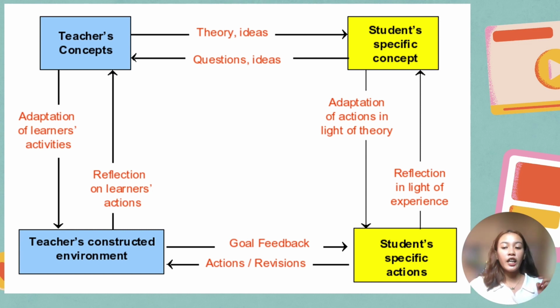This is the learning environment that teachers create, including activities, resources, and tools like books, videos, projects, and discussion. The goal feedback. This is the feedback that teachers give the students to help them learn and progress. Adaptation of learners' activity. The teachers adjust the learning activities based on the students' needs and understanding.